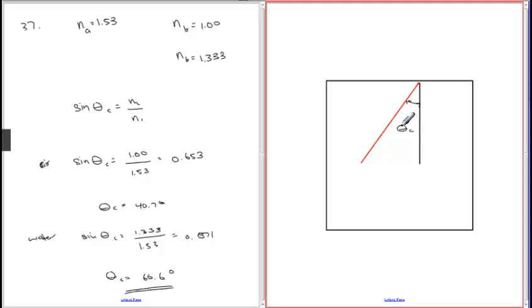What this is saying is that you kind of look at it from the other direction. We'd like to have as much room as possible in this direction to have internal reflection. So when you have air, this angle is smaller and this angle is larger, so more of the light is going to remain trapped inside.